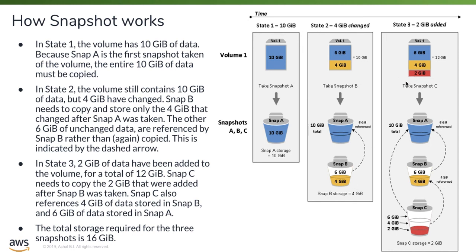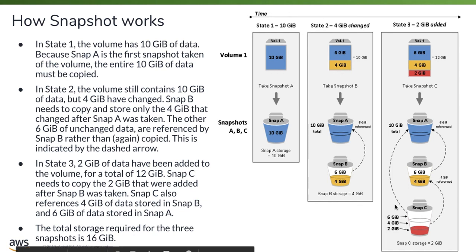And let's say at a later point of time, 2 GB is added to the same 10 GB volume. What happens at that point of time is another snapshot is created with 2 GB, and the 4 GB of data which was changed earlier refers to the old snapshot B, and the other 6 GB refers to snapshot A. So in total the snapshot storage would be somewhere around 16 GB.